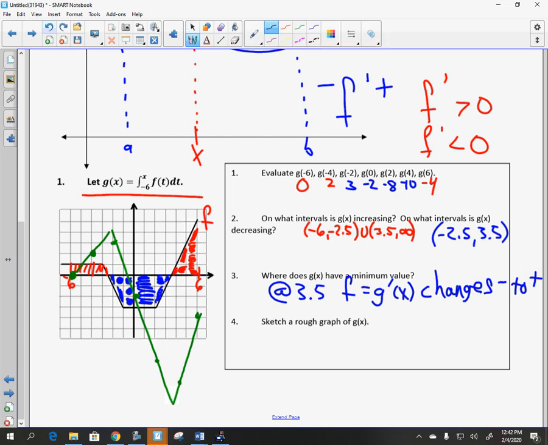Before I hand to your stuff and let you have the rest of the hour, I just want to be clear. Would everybody agree that this would kind of be a local max because you're going from positive to negative? Well, look at the graph of G. It has a local max there, doesn't it? And you told me there's a local min at what value? 3.5. See, it goes down until it gets to there, and then it heads up because that's where it's going to be most negative.